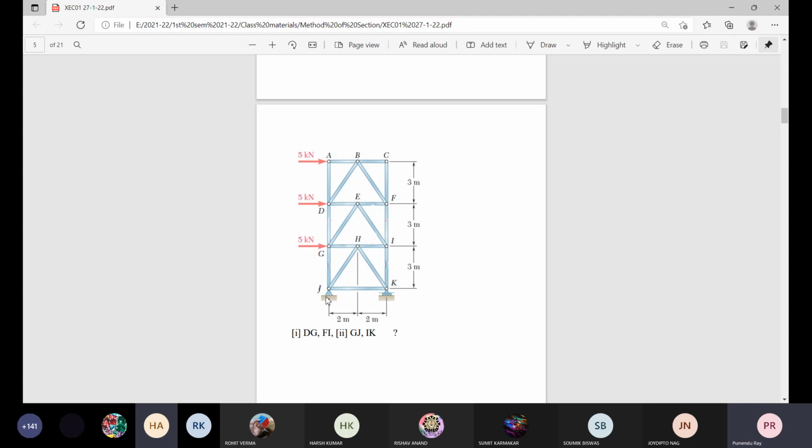Now what will happen to your body? Simply you will lean forward, you try to lean forward.